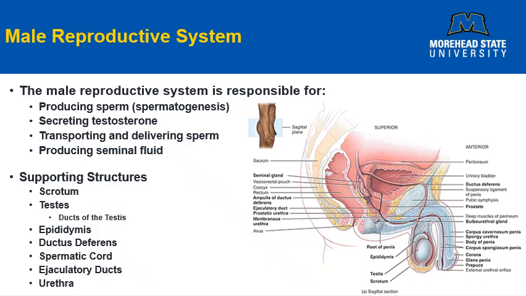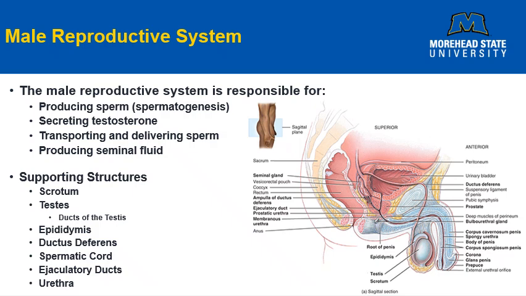Now, the male reproductive system. It has some key functions: producing sperm, spermatogenesis, transporting and delivering that sperm, and producing the seminal fluid needed to carry it. It's also there to help with secreting testosterone.